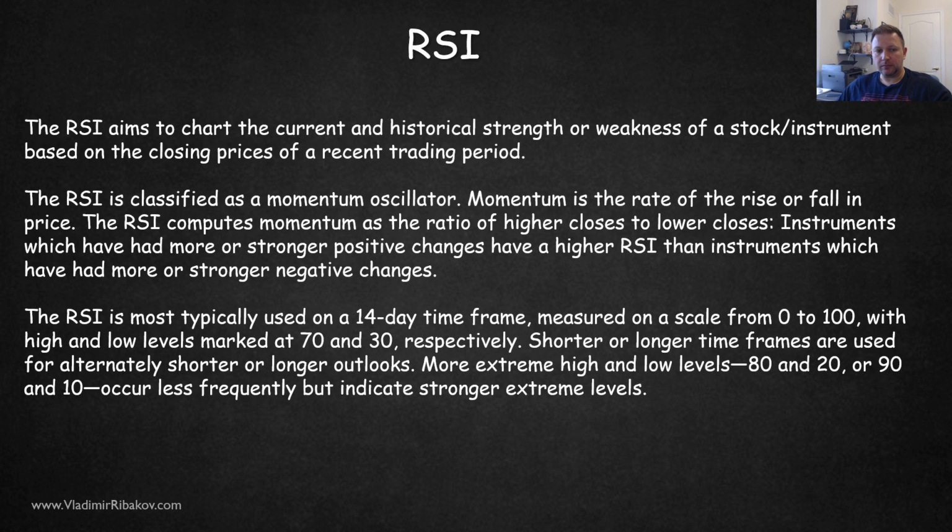Now, even though the default is a 14-day time frame when you work on a daily time frame, of course, a lot of traders try to change it. Now, I belong to the part of traders that believe that if it's good for the creator to use 14, it definitely should be good enough for me as a trader.